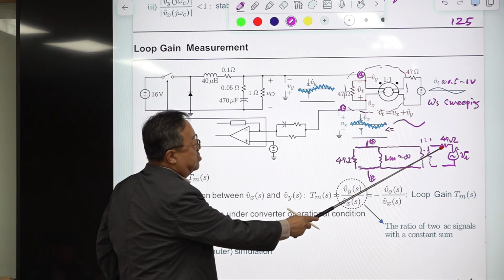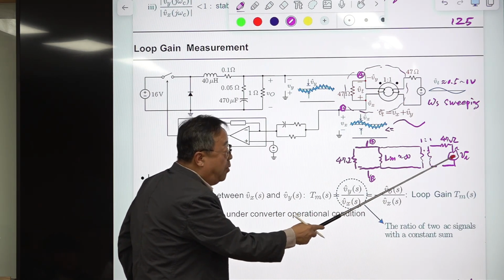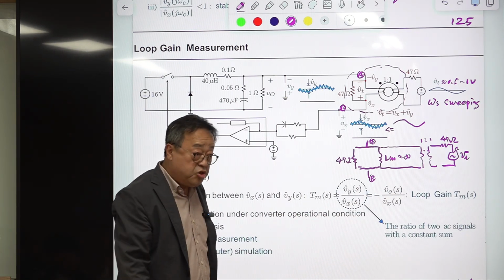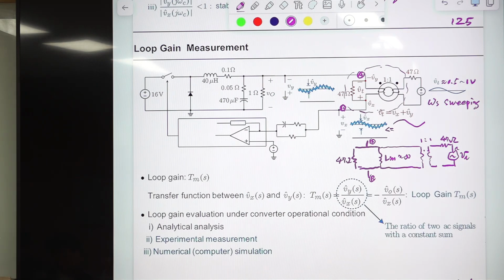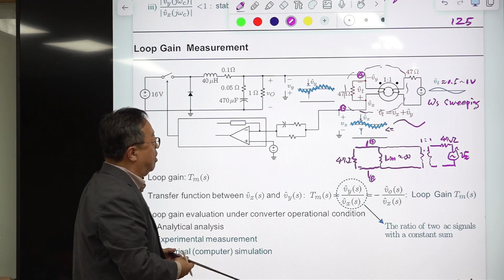First, this is necessary to protect this signal generator. Somehow this is shielded. By shielding this, the equipment will be damaged, so this is necessary for protection. If you are very careful, maybe you don't need this, okay? But this is good to have to protect your signal generator or the output port of the impedance analyzer.